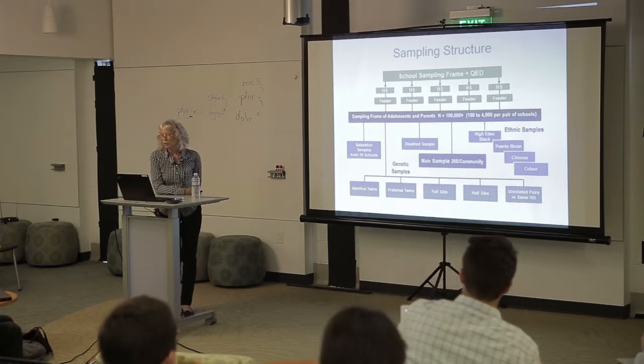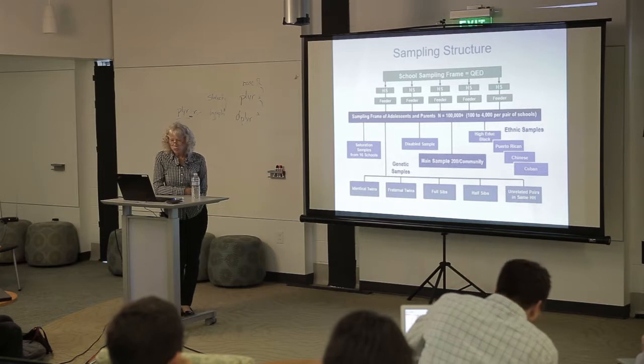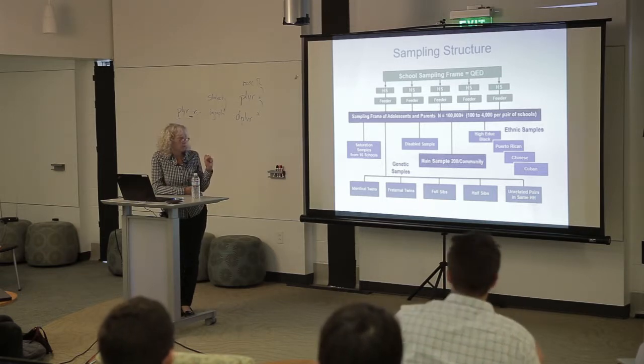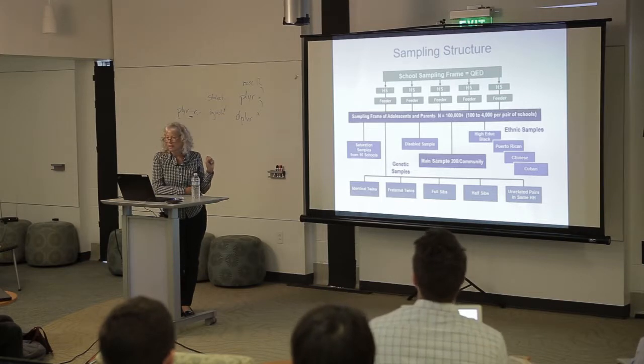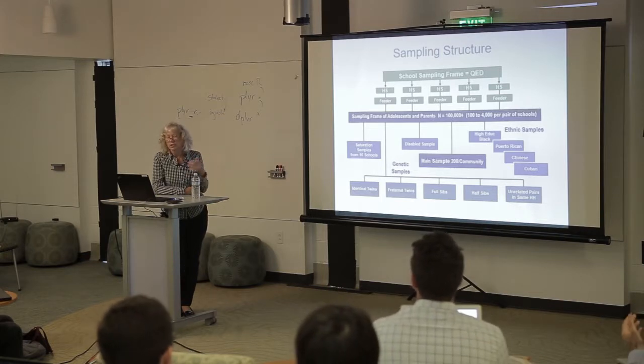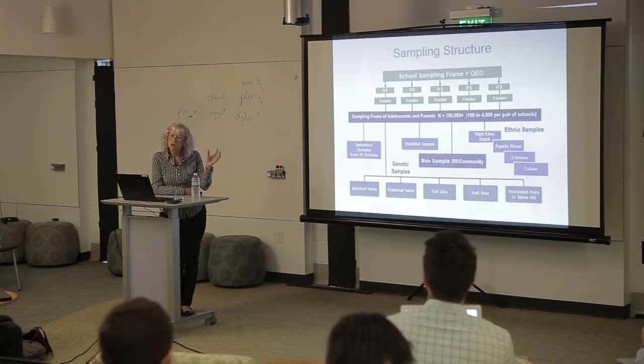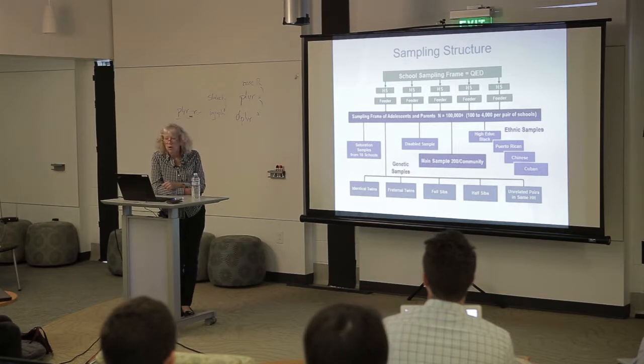So in 2 large schools and 14 small schools, rather than sampling from the school rosters, sorry, I forgot to say that the sampling frame was the school rosters that the schools gave us. Rather than sampling, we just took all the kids in those schools and made them part of this in-home interview, which was a much more extensive interview than the in-school questionnaire.